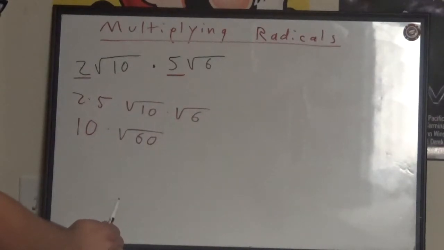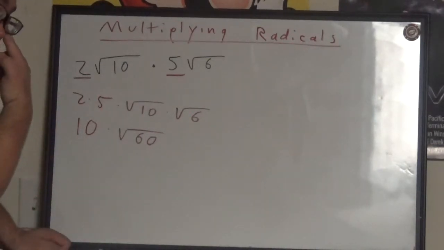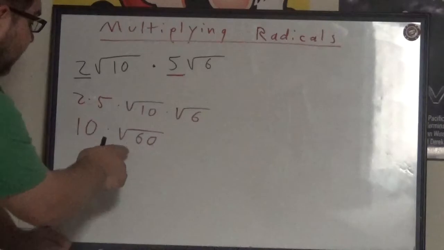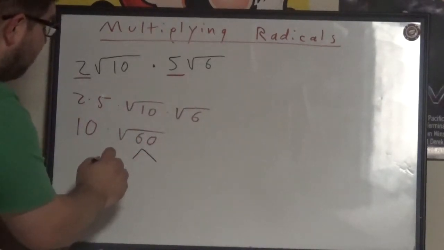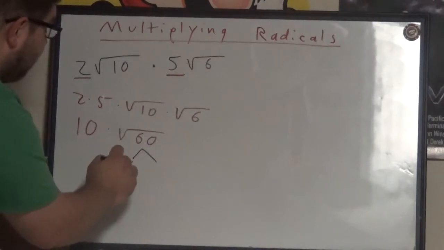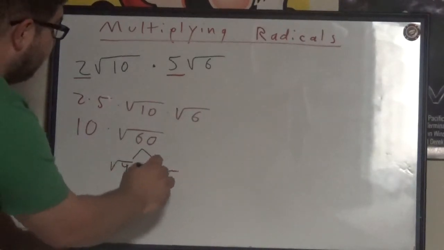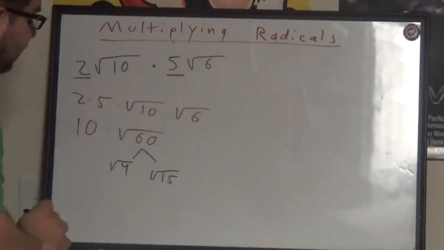And in this case, we can go through mentally the different square roots, and the largest number that's going to be a perfect square that is a factor of 60 is, I'm going to draw a little miniature factor tree, square root of 4 times square root of 15.